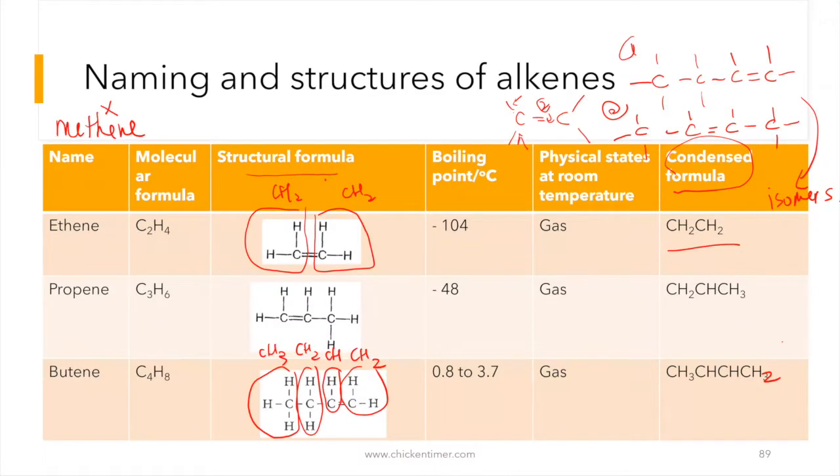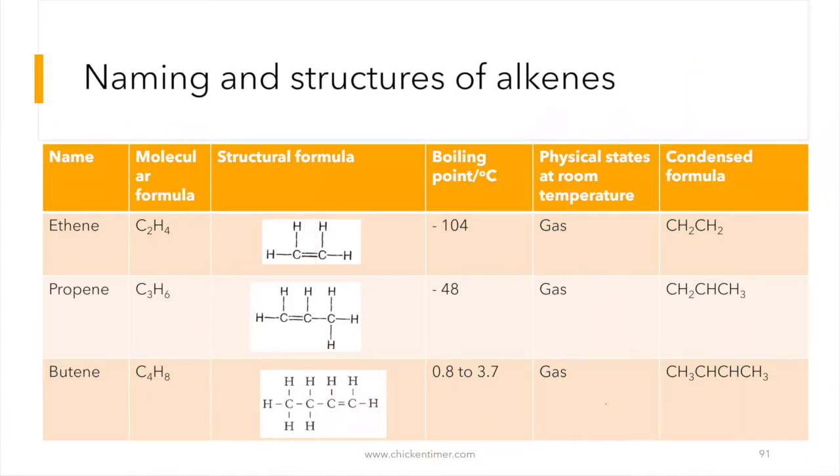So these are unbranched alkenes. Unbranched means you have all the carbon in a straight line. This is unbranched. So I have to tell you what is branched for you to recognize, because if you've not seen it before, you wouldn't know what it is. So I want to draw a butene, 4 carbon.